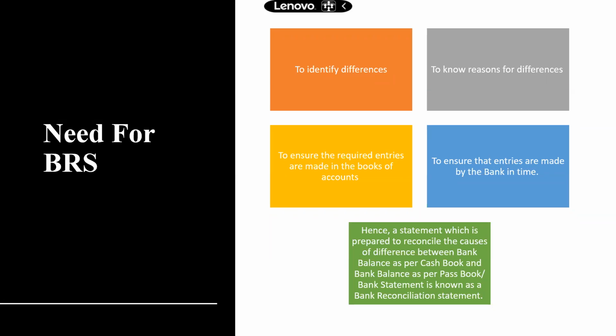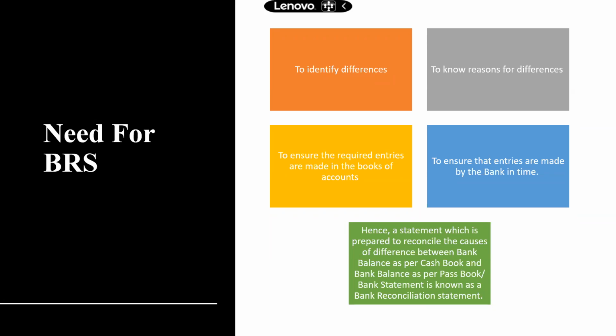The next important need is to ensure the required entries are made in the books of accounts. So to know that I have made proper record of all entries in my books of accounts, that is in my cash book, I can have a check by preparing BRS that I have made the record of all entries in the cash book.